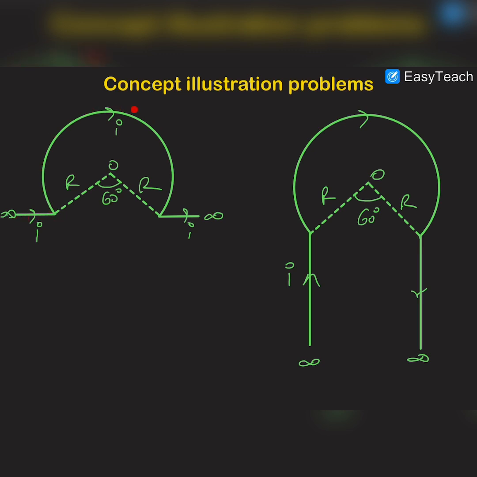This current is moving in a partially circular arc, and it is going to infinity like that, and we have to find the magnetic field at the point O. Now again, we cannot say that this is a uniform cyclic order, so we cannot say that the magnetic field will be the same due to all three wires.